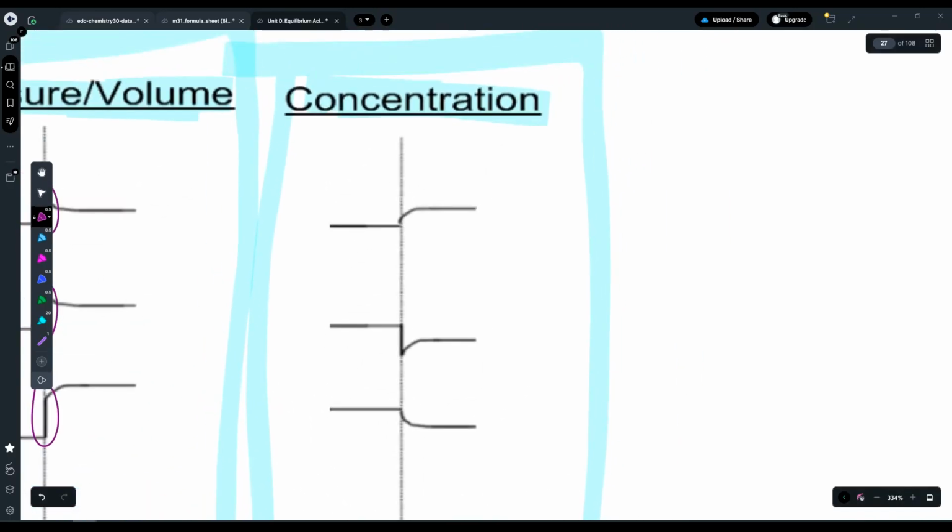The substance that you notice has a sharp increase or decrease is going to be the substance that the scientist changed.